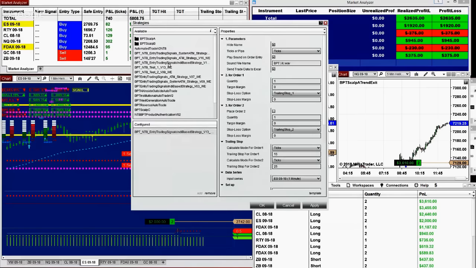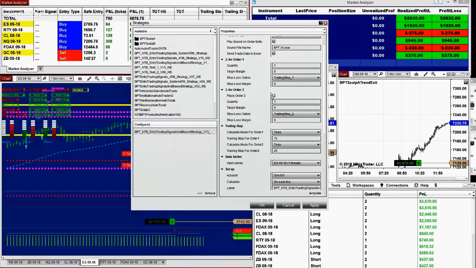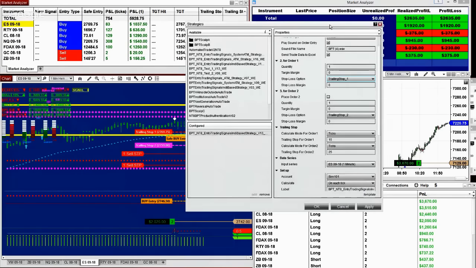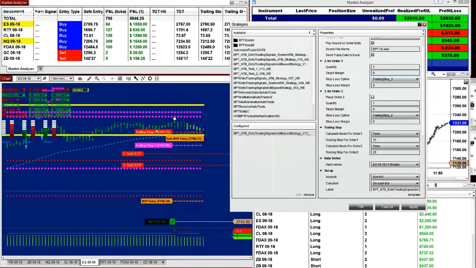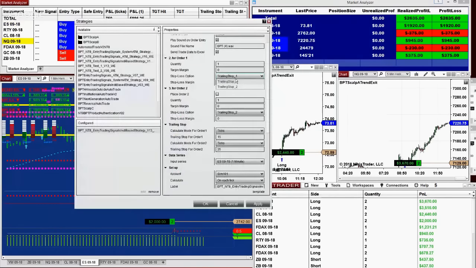And then you have the entry trading signal. It is fully automated. You don't have to touch it. But you can also use trailing stop 1 or trailing stop 2. Trailing stop 1 is a minor support line, and trailing stop 2 is a major support line. So you have an option to use either one.